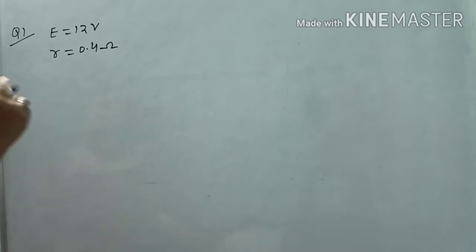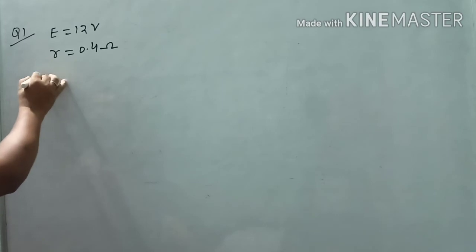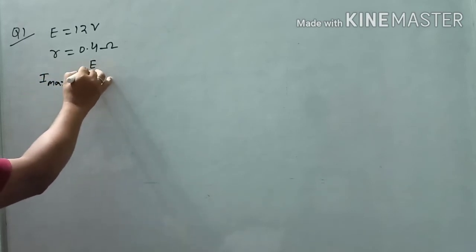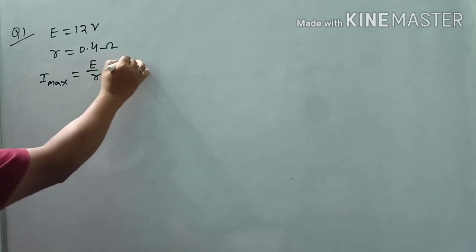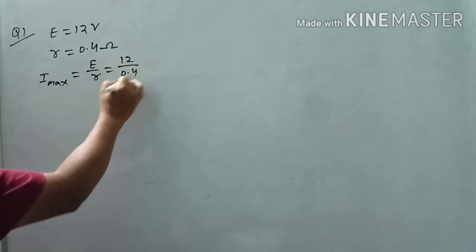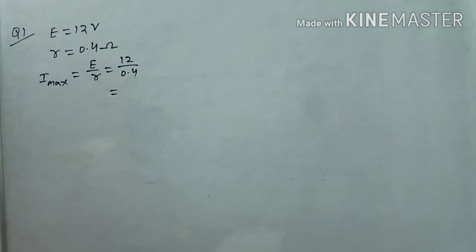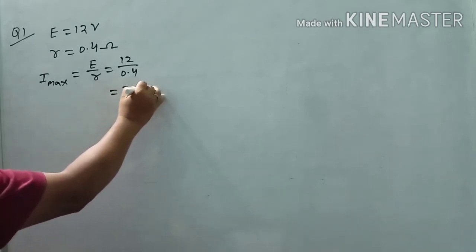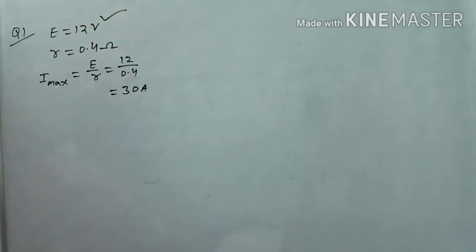To find out maximum current, you already know the formula I max is equal to E by R. After putting all these values, your answer will be 30 ampere. That means this cell having internal resistance 0.4 ohm gives a maximum current of 30 ampere.